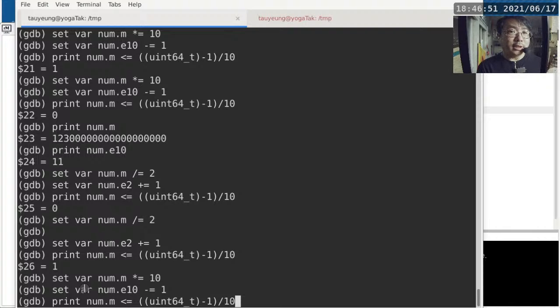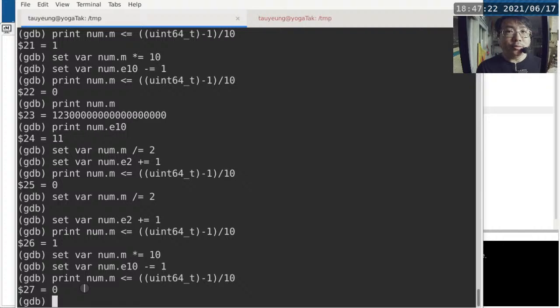And we'll check to see if we can multiply m by 10 again. Can you guess what the answer is going to be? We just barely had enough room to multiply m by 10 again, and then we did. So do you think we have room to multiply m by 10 again right after that multiplication by 10? The answer is no. We are not going to be able to do it, but we can check, right?